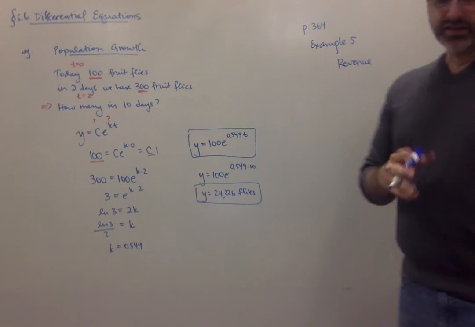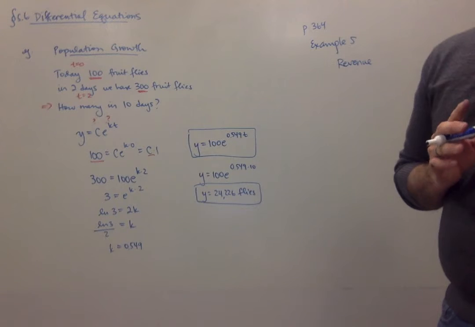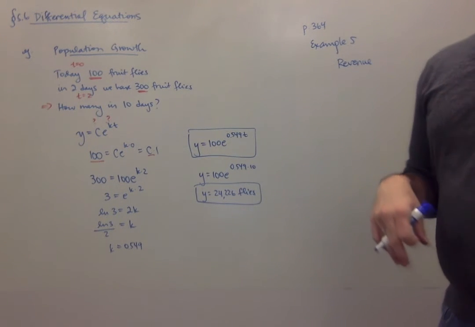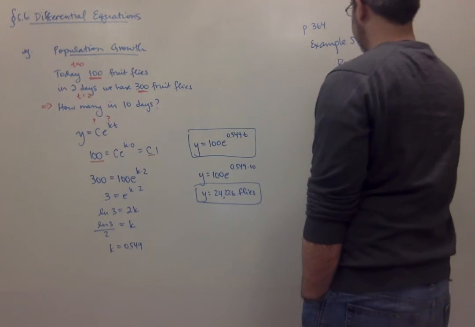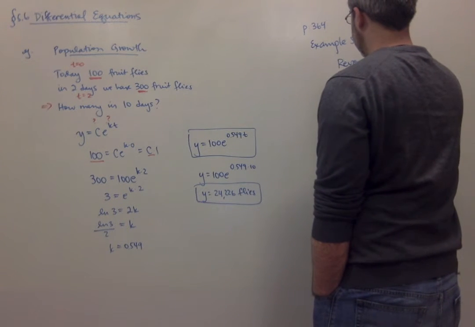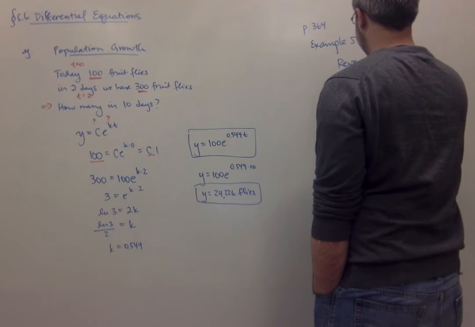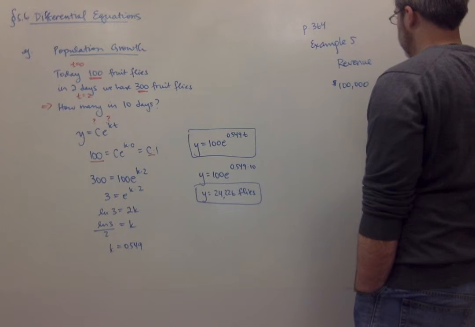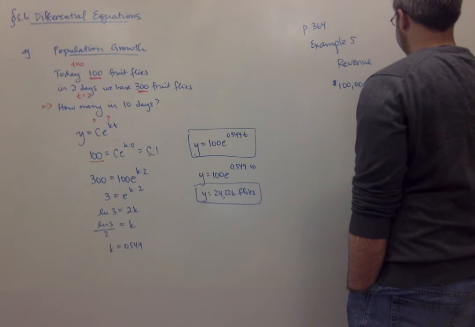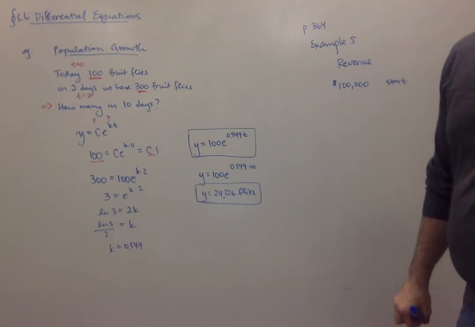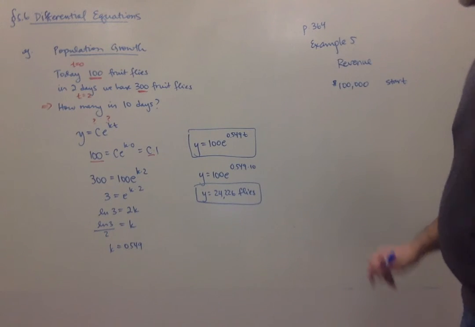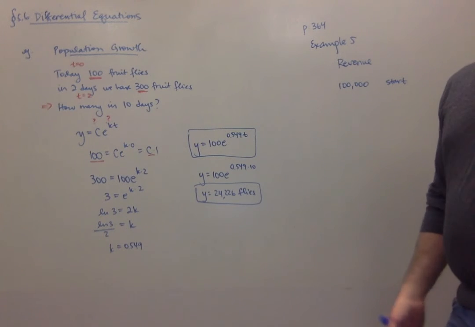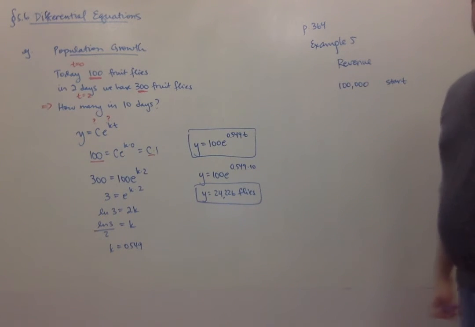So in this example, it says that a manufacturing company stops advertising, and it starts with initial sales per month of 100,000 units, like 100,000 pencils that it's selling per month.